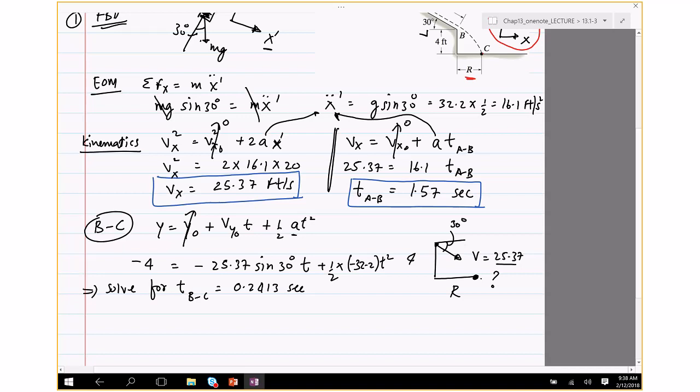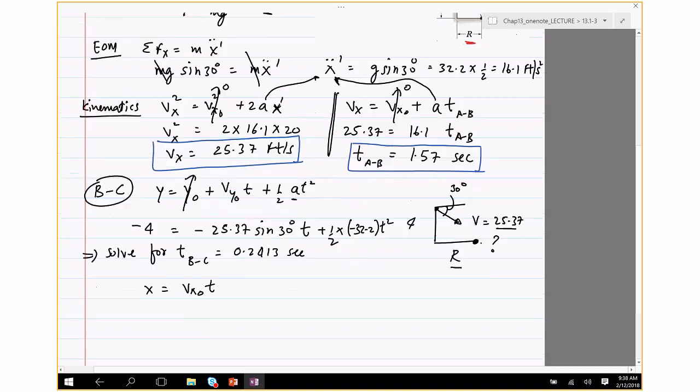Okay. So once you get time, we have to find R. We use the other formula, x equals Vx0 t. In this case x is R, which equals 25.37 cosine of 30 degrees times the time we already found, 0.2413.